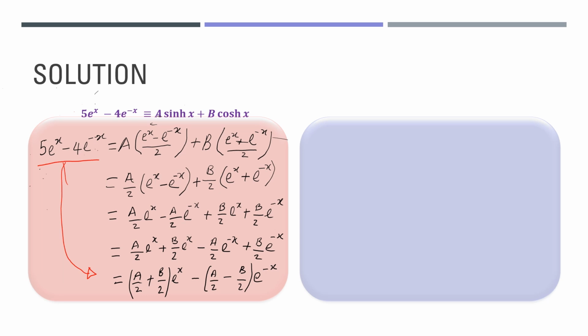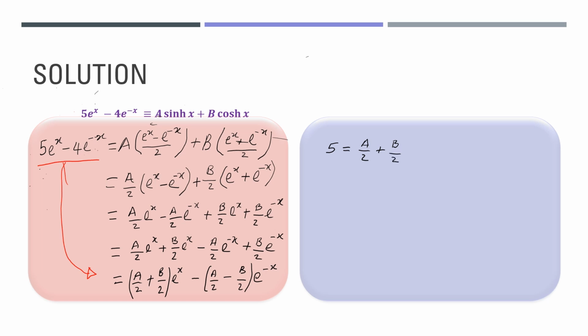Equating the identity, we can then say here that 5 equals a over 2 plus b over 2.